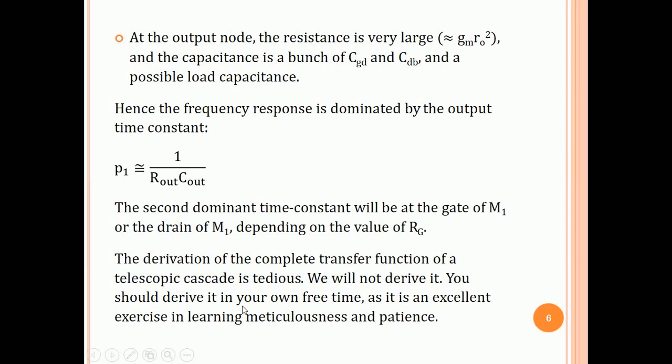I think you should derive it in your own time, because it is a really nice exercise to learn meticulousness and patience, because you have to do it very, very carefully, very slowly, not make mistakes, and the equations become very big. Alright, so please do it. It is a good exercise.